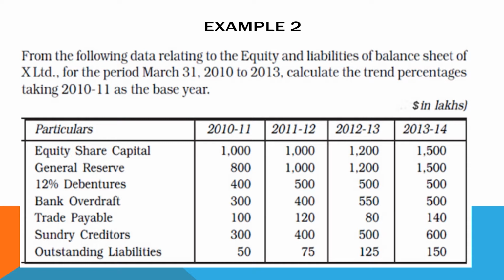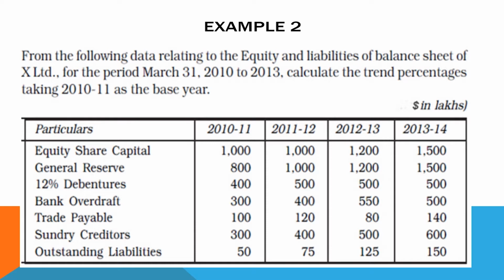So the trend will be 100% and 100%. Now in next year, that is 2011-12, the value of equity share is 1000 and general reserve is again 1000.